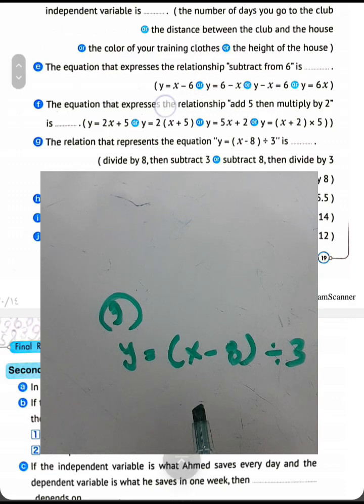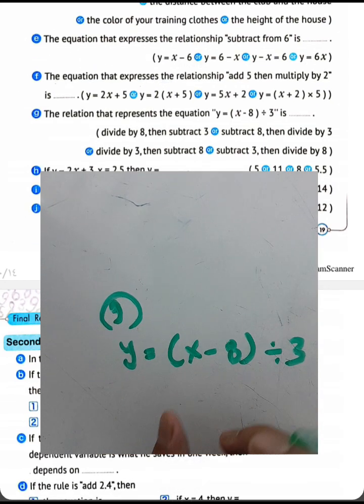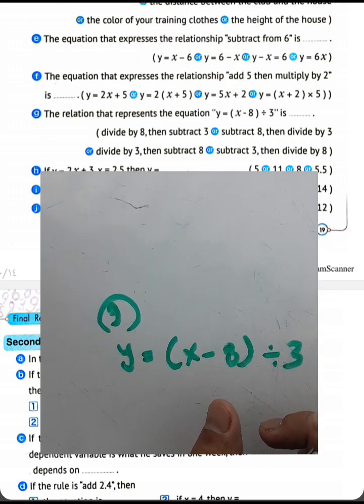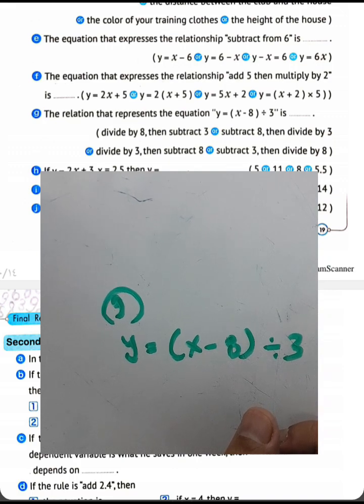We can find first the subtraction between x and 8, and then divide the result by 3. Subtract 8, then divide by 3. Choose the second choice here: subtract 8, then divide by 3. Okay, understood? Next question.